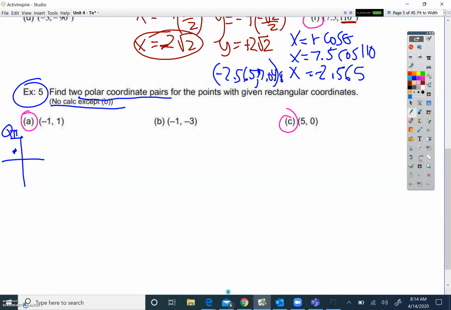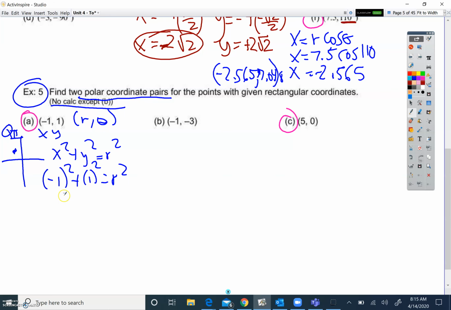Okay, we need an r and a theta because remember, polar coordinates look like this. The easiest equation to find r using x and y is x squared plus y squared equals r squared. So we've got negative 1 squared plus 1 squared equals r squared.